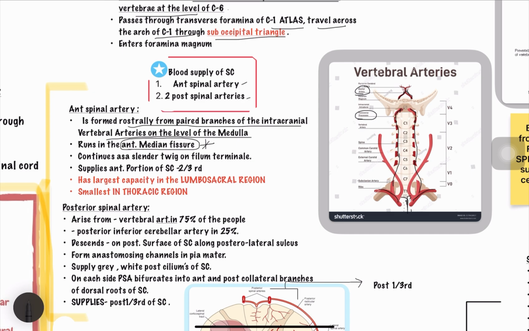This is important to remember. It continues as a slender twig on the filum terminale. At its ending, the anterior spinal artery has a twig-like structure at the filum terminale. It supplies the two-thirds portion of the spinal cord.